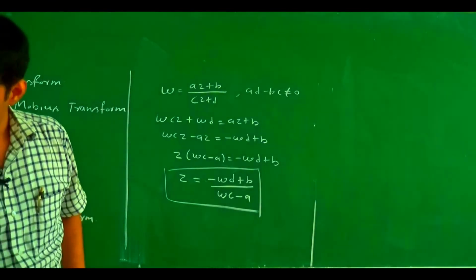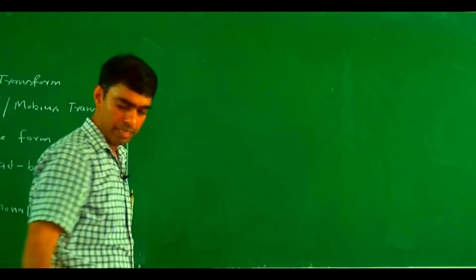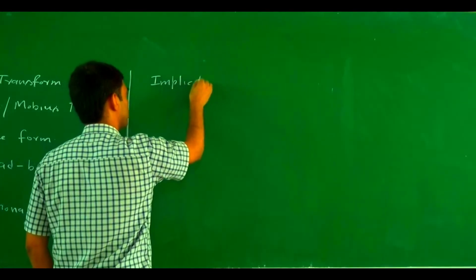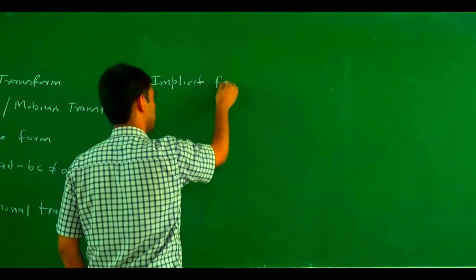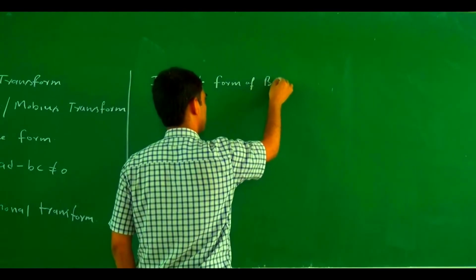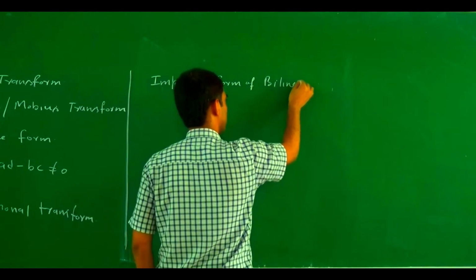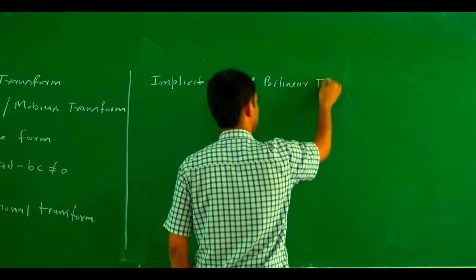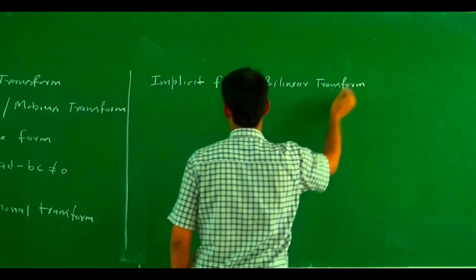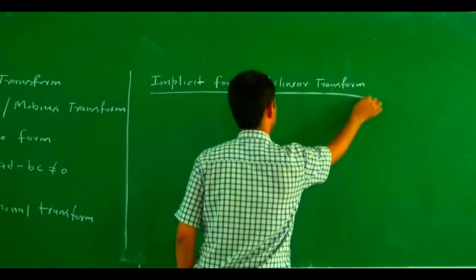So what is the implicit form of a bilinear transform?